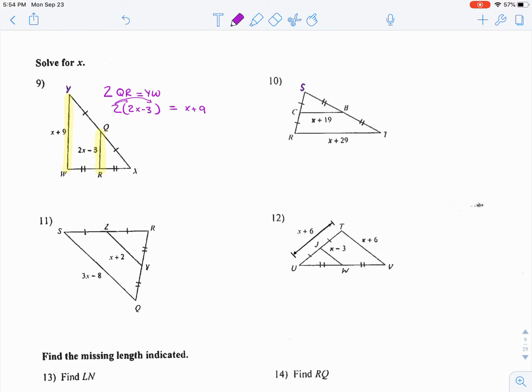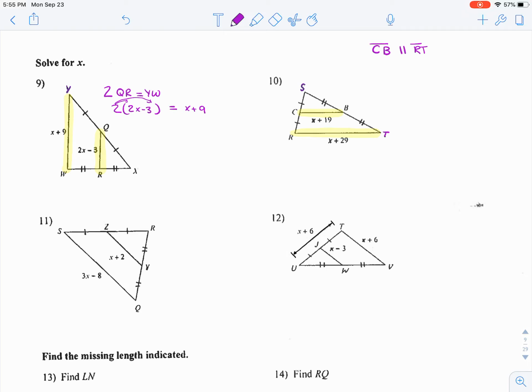Let's look at number 10. Number 10, we have triangle RST. Looking at our picture, CB is our mid-segment. We learned that this mid-segment is parallel to the third side. So what is CB parallel to? CB would be parallel to RT.